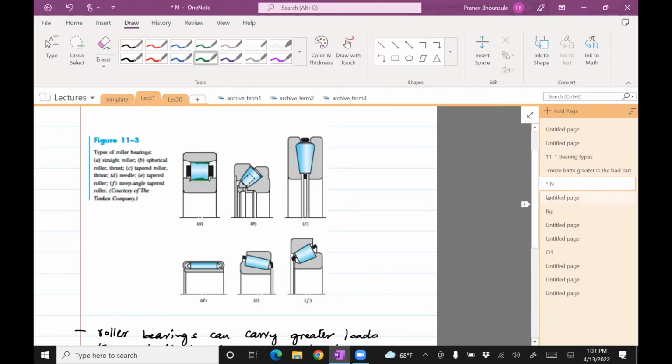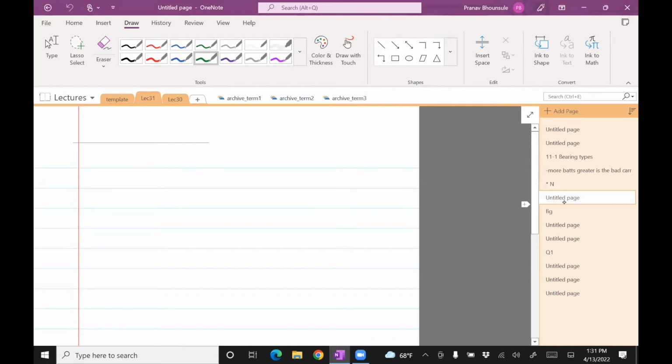Okay, so what really goes into choosing bearings for an application? That's what we'll do in this part of the course. Let's get started. 11.3. We'll learn about bearing load life at rated reliability.